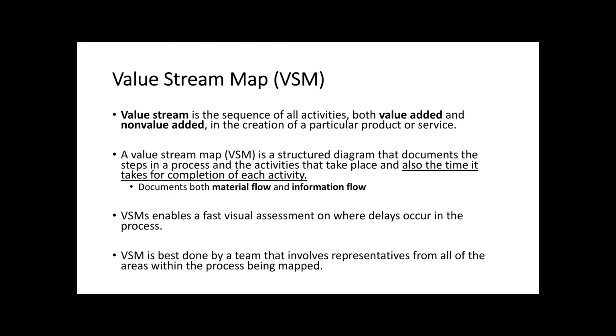If you remember the process map, which we talked about in the previous session, we said if we want to document any process, or when we walk into any healthcare setting, or actually any setting, no matter if it's manufacturing or healthcare, if you are in charge of improving a process, the first thing you want to know is the current state of the process. How is the process done currently?